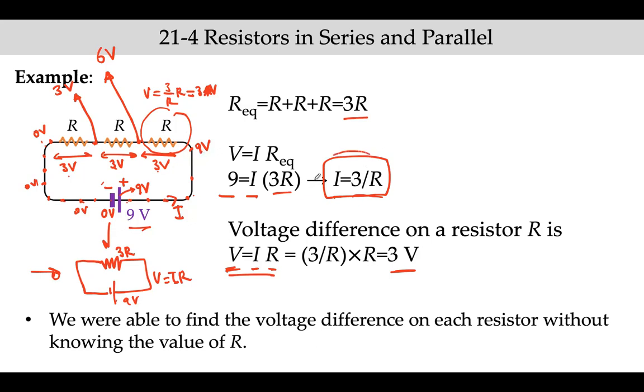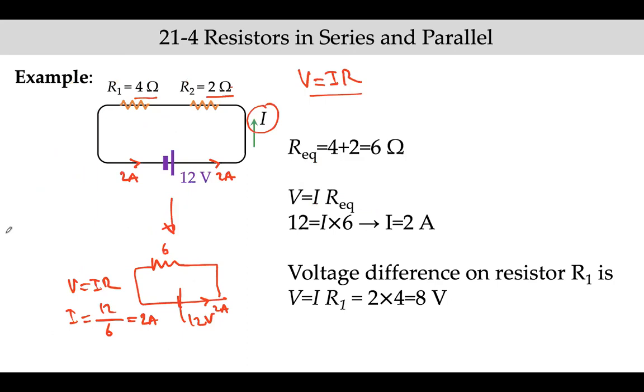But the current at every point is the same in series connection. 2 amperes is coming out, it's 2 amperes here, 2 amperes here, 2 amperes here. It's the same current.